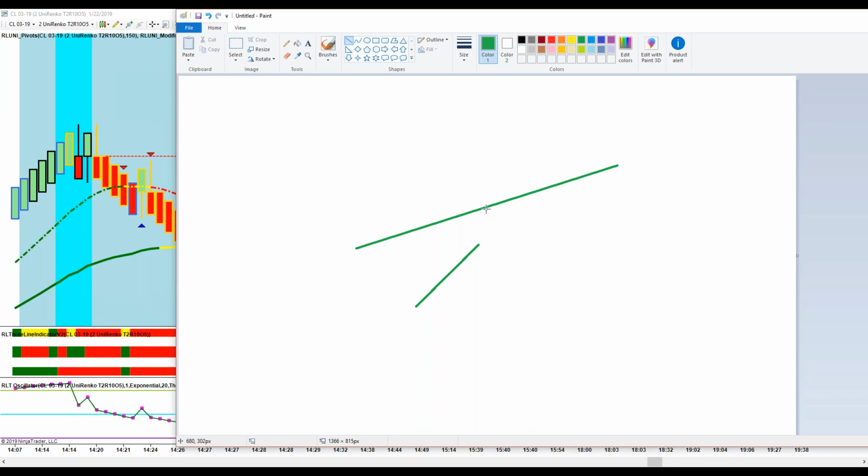Everything that I'm telling you must be the same on the two higher for you to get this cyan color. If there's no higher time frame alignment, you won't see it. So you have the 50 sloping up, you have the 15 sloping up. Price must be above the 50.